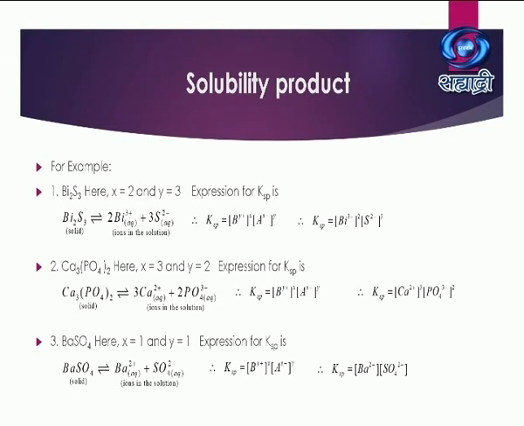So whenever you are given any particular salt, always first find out what is x and what is y. If you know the general expression of Ksp in terms of BxAy salt, then it is possible to write the expression for any particular salt given.